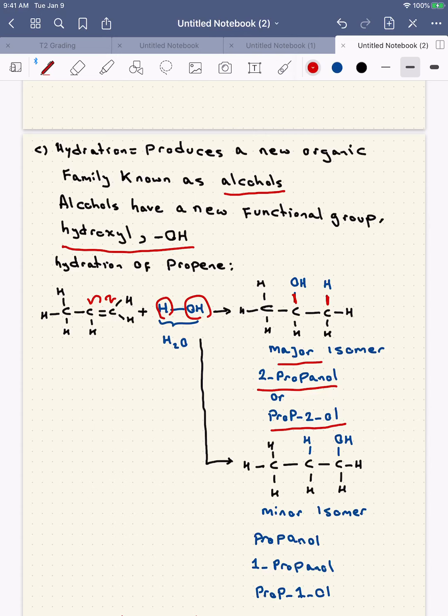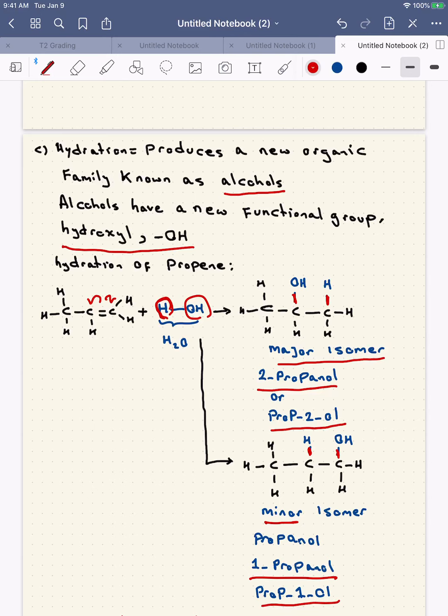And it's the major isomer, about 99%. Why is this the case? Because it seems from practice hydrogen has a tendency to go to the carbon with the most hydrogen. But then we are also giving you the minor isomer, which is that the H went to the first carbon inside and the OH went to the carbon at the end. If you do this, then you have 1-propanol or propan-1-ol.